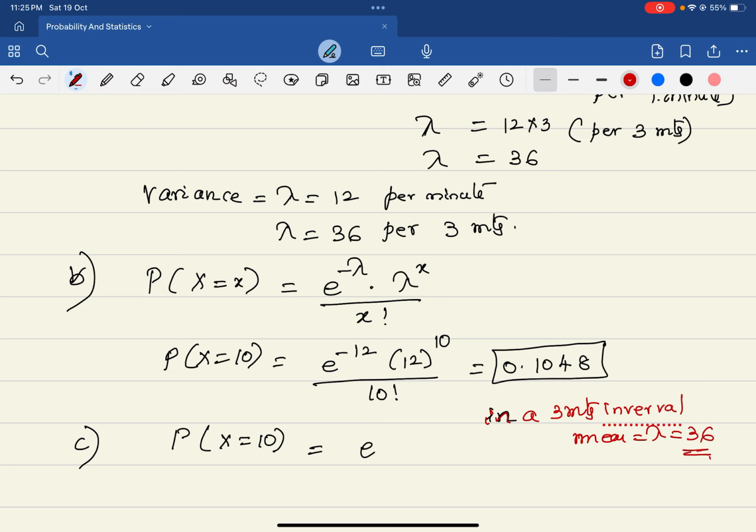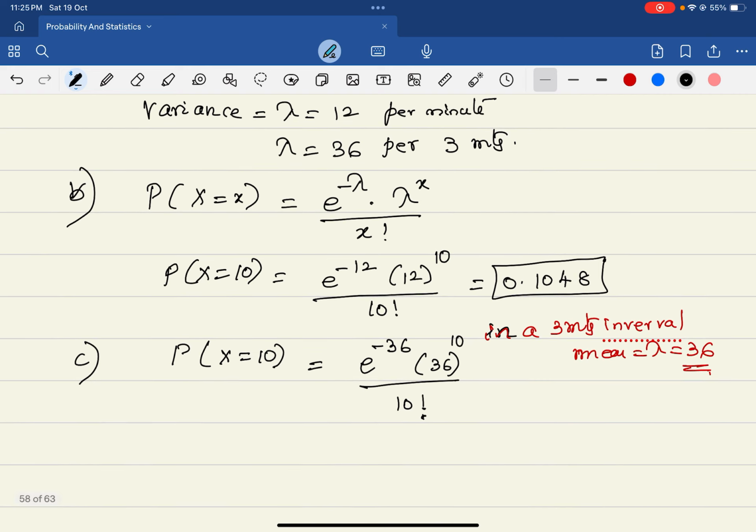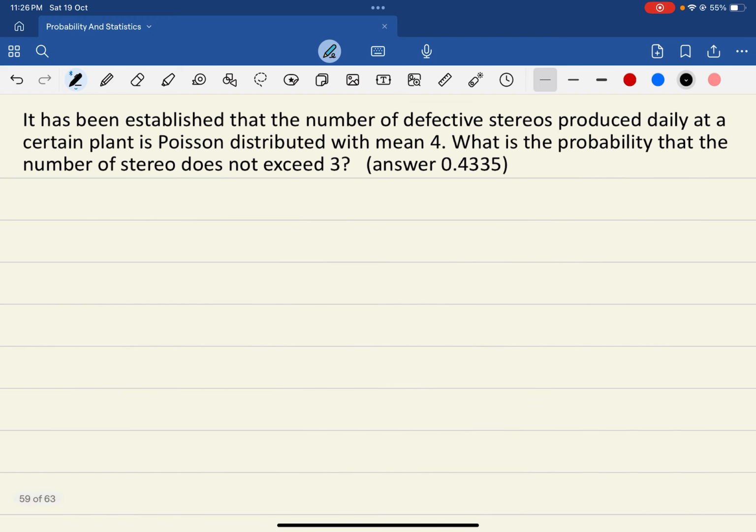Okay, so let us now do the problem. e power minus 36 into 36 to the power of 10 over 10 factorial. This is given by 2.337 into 10 to the power of minus 7. This is the solution. I hope you could understand how to do this type of problem using the Poisson distribution. Very simple problems these are.